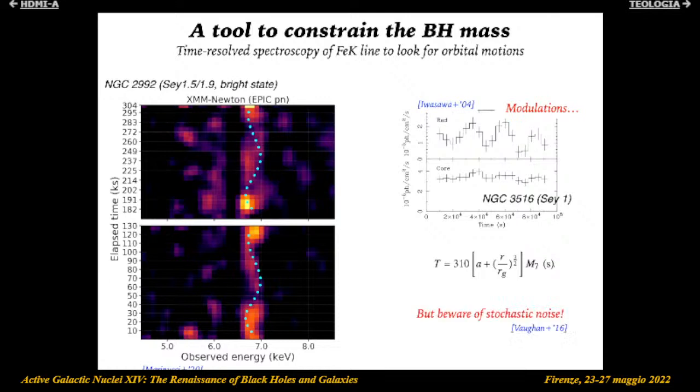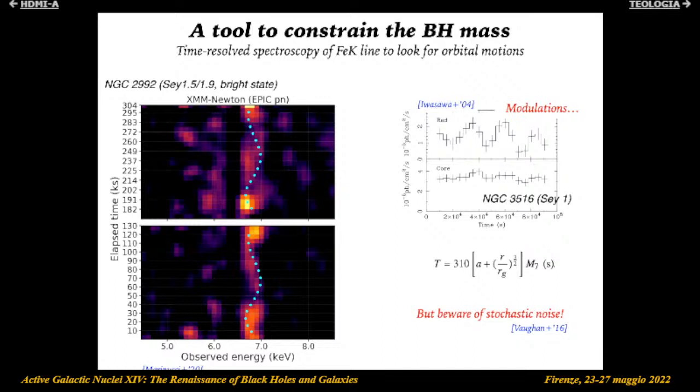And as Alessandra discussed yesterday, stochastic noise is a bad beast. What it can do is produce fake modulations in the light curve. So the best way to deal with that would be, again, to have very long monitorings to prove it.